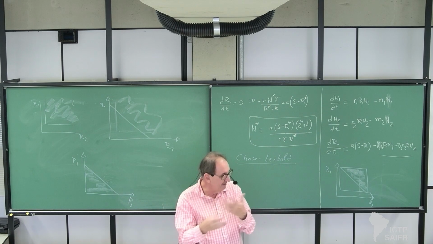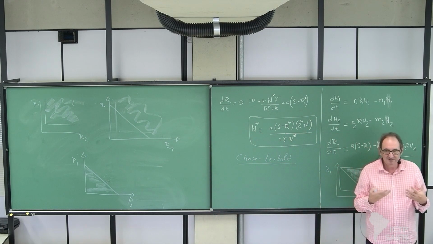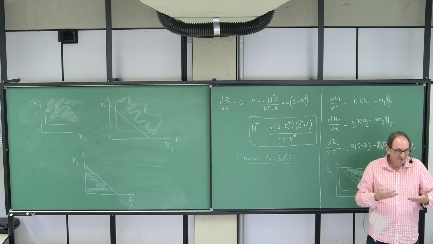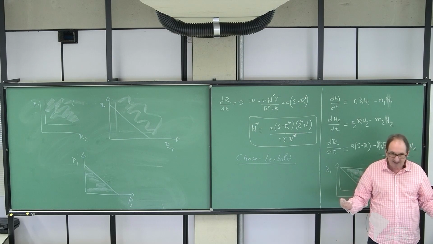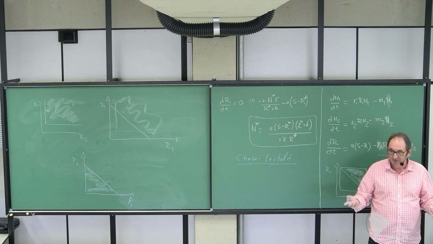So in Hutchinson you don't have this description, for instance, of the variability of the resources, of the food.